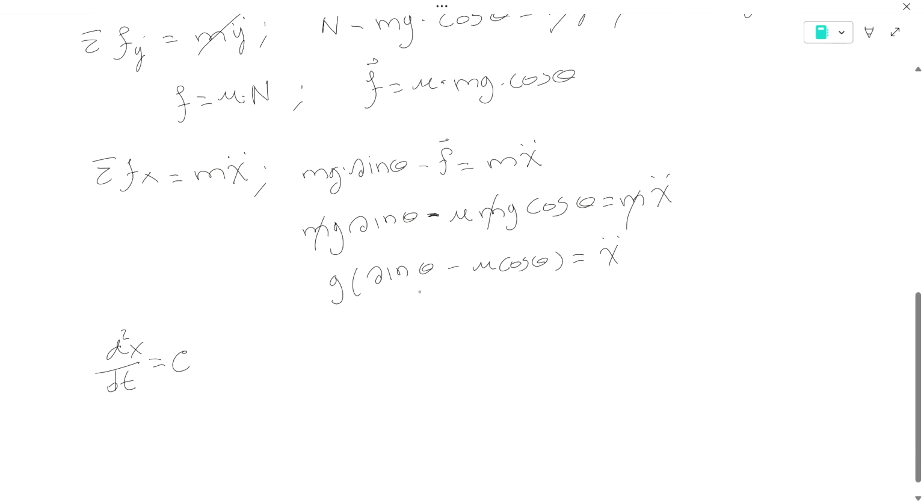Then, if the angle is not fixed, if the angle varies, the acceleration is a function of time, but also a function of the angle. So it's not as easy, it's a multi-variable equation. In the case we have, it's pretty simple because these angles are fixed, just a number.